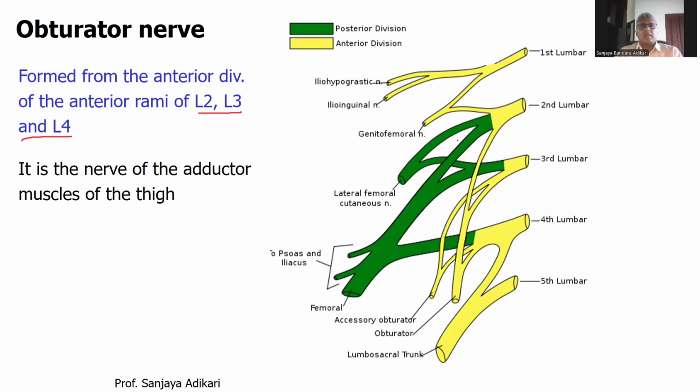The only difference is that the anterior primary rami of L2, 3, 4 will divide into anterior and posterior divisions. From the anterior divisions, you get the obturator nerve. From the posterior divisions, you get the femoral nerve. Okay. So this is the femoral nerve coming from the posterior divisions, and this is the obturator nerve coming from the anterior divisions. Of course, the femoral nerve is much larger than the obturator nerve. Okay.